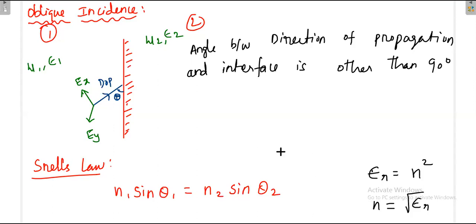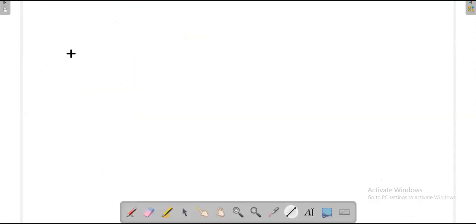Okay, so now I'll draw the diagram. If the interface is like this, and I'm going from one medium to another medium, this is medium 1, n1. I am in medium 1 at some angle, like this.